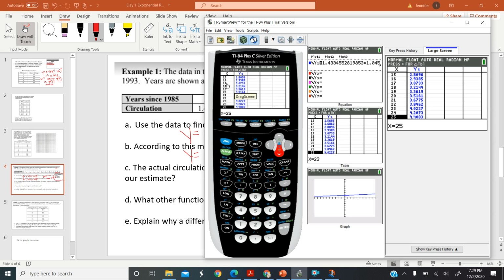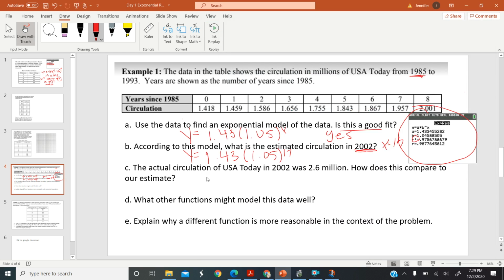But what we're looking at is x equals 17, and the y value is 3.0733. So I'm going to write 3.07, and it's in millions, so 3.07 million copies. The circulation of USA Today in 2002, it's telling us, is 3.07 million.